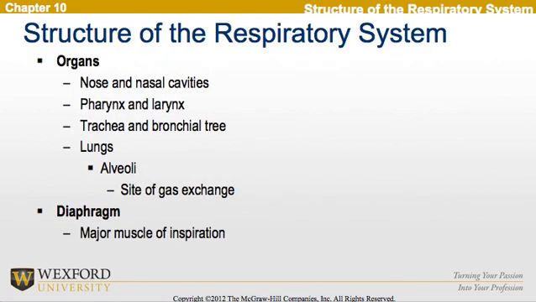Moving on to the structure of the respiratory system, we see that it is made up of organs such as the nose and nasal cavities, the pharynx and larynx, the trachea and bronchial tree, and the lungs, which contain the alveoli, which is the site of gas exchange. In addition, there's the diaphragm, which is the major muscle used in inspiration.